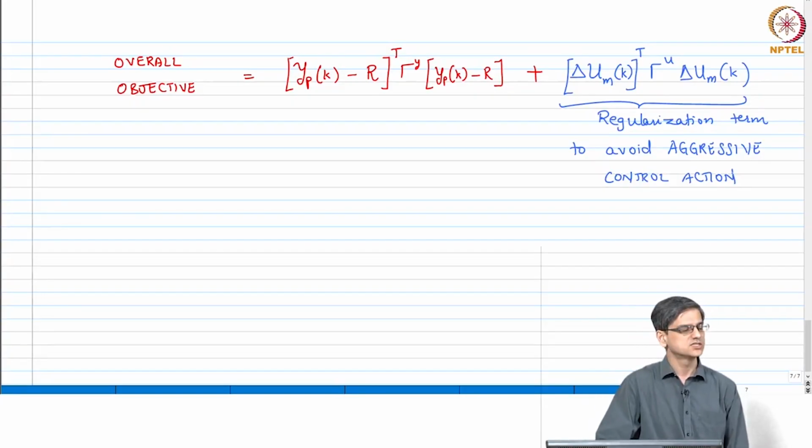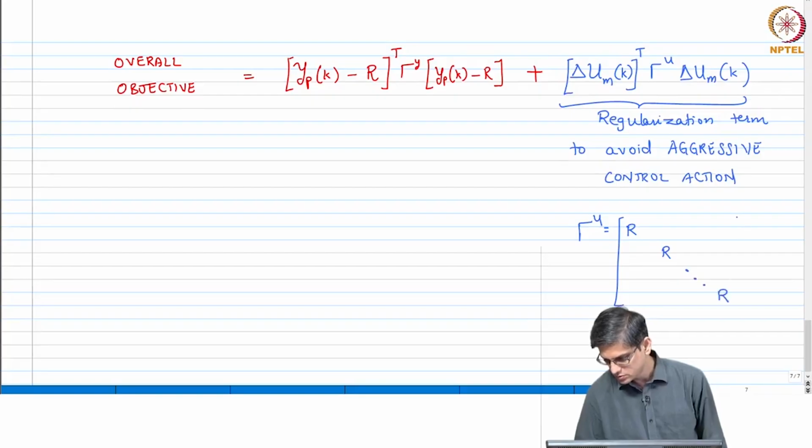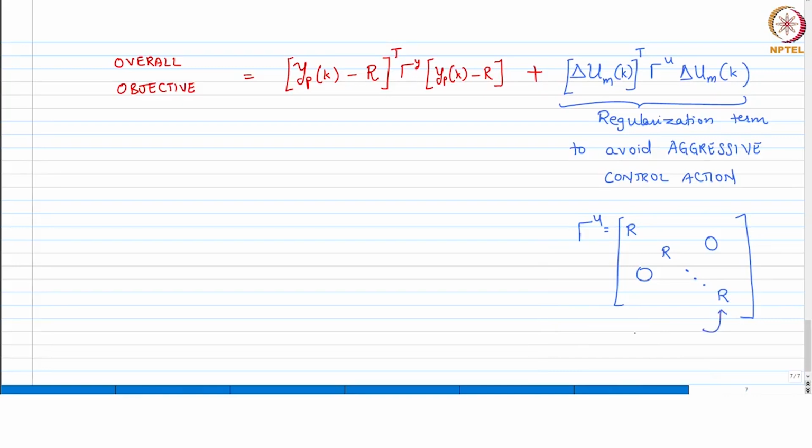What is delta Um? Exactly what you had earlier. What is your gamma u? Keep in mind Um is uk, uk plus 1 up to uk plus m minus 1.